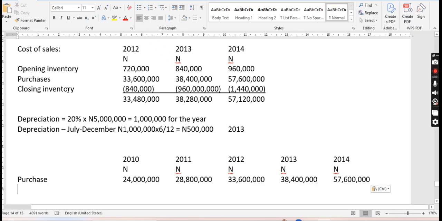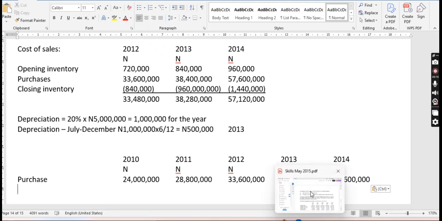Now, if this is the purchase, and this is for a whole year, part of this will be paid. How many percent will be paid? Was it mentioned?